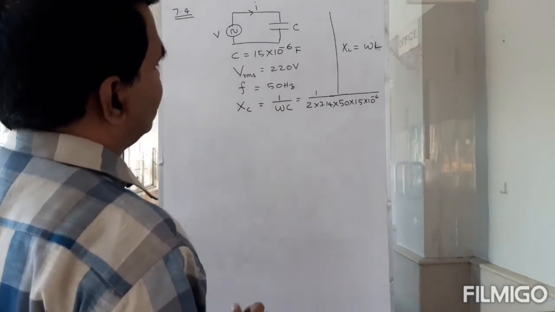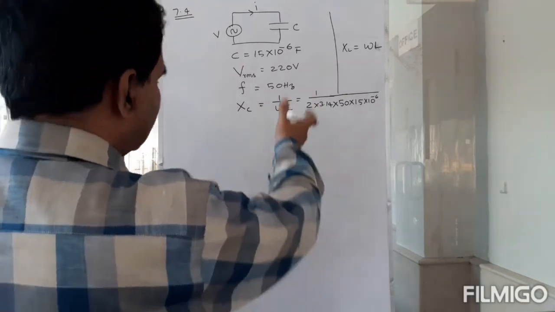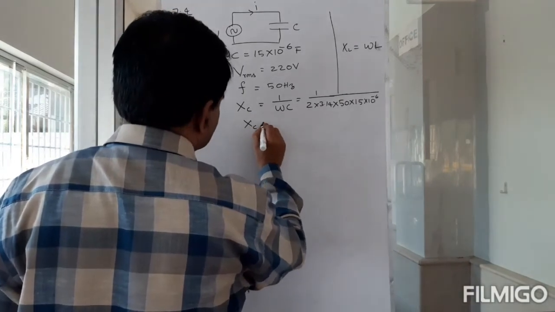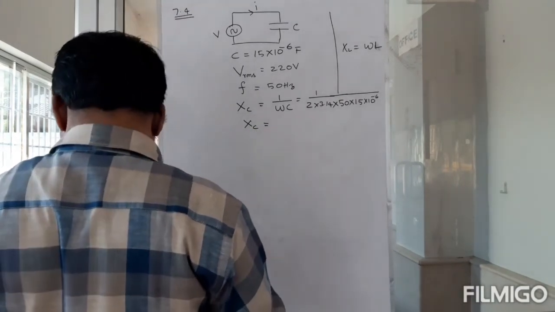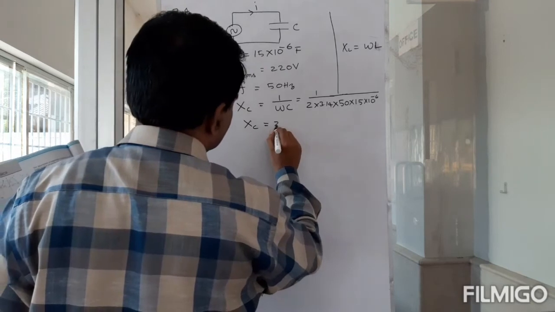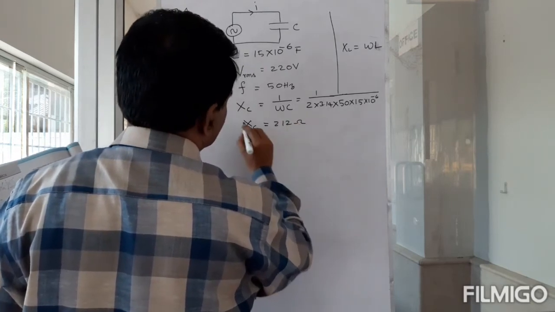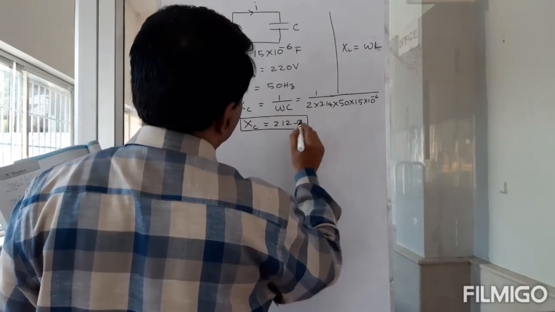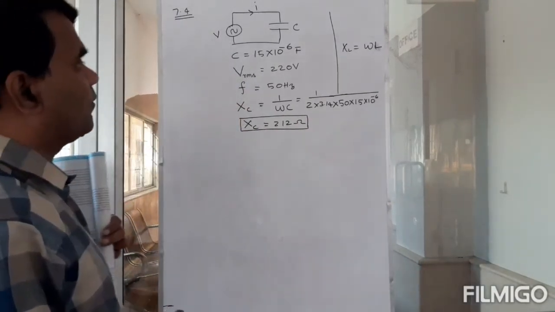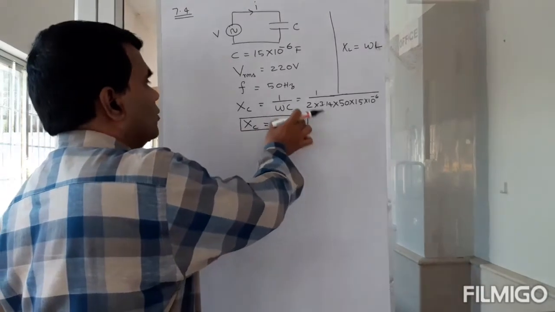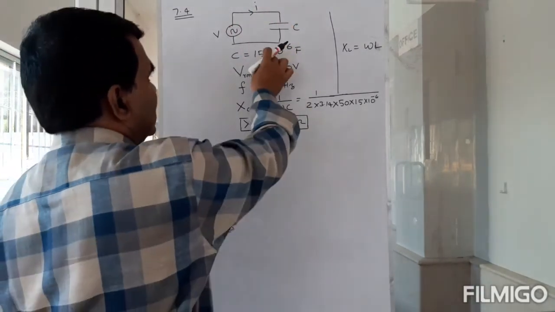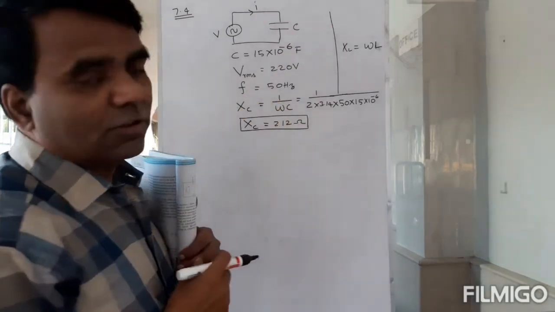When you do this calculation, the capacitive reactance is going to be equal to 212 ohms. So 212 ohms is the capacitive reactance.